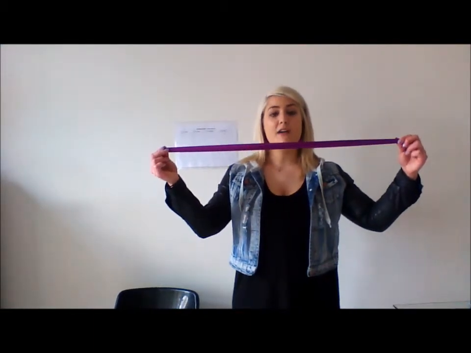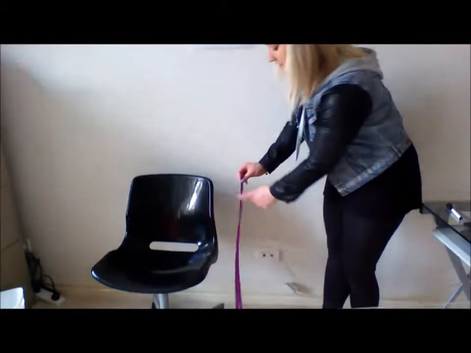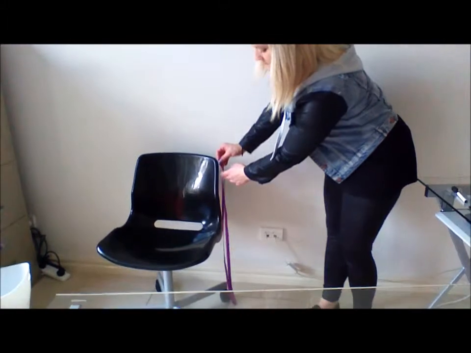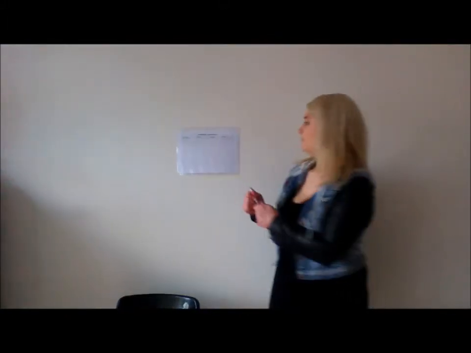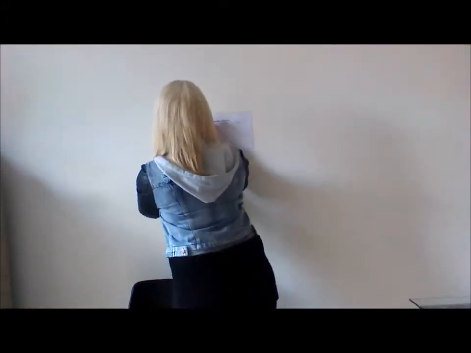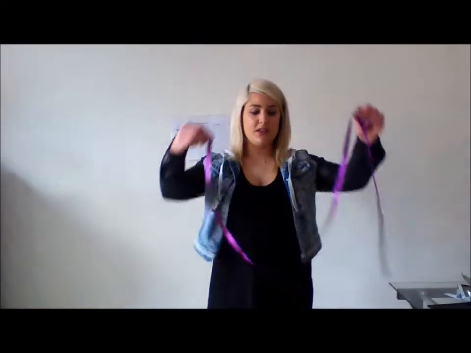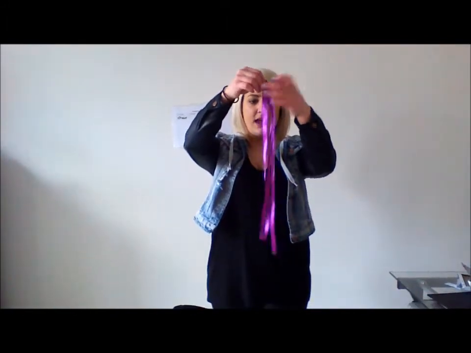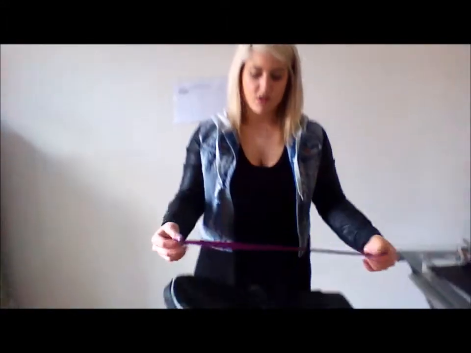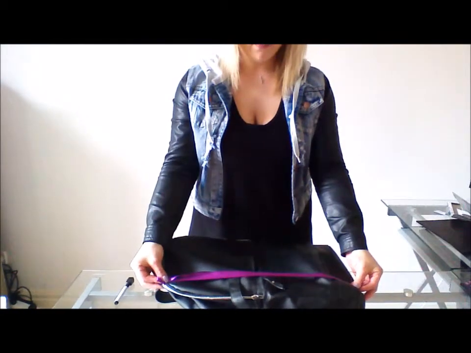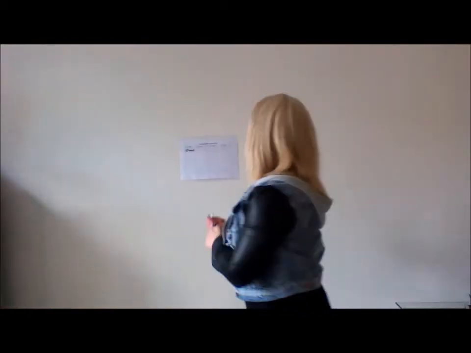After measuring my height and folding my ribbon in half, I found that this chair was half my height. I then record this on my recording sheet. I then fold my ribbon into thirds, and I found that my bag was a third of my height. I then record this on my recording sheet.